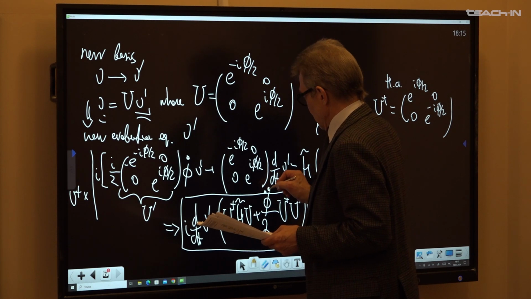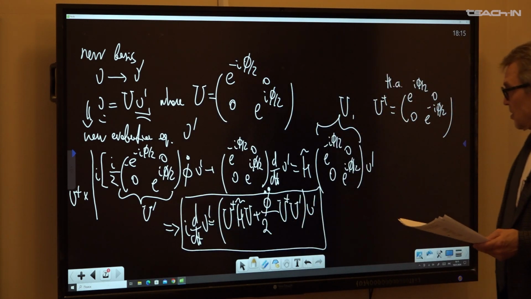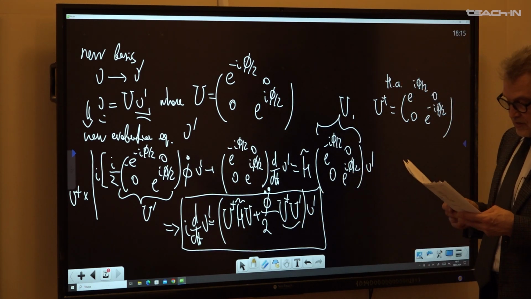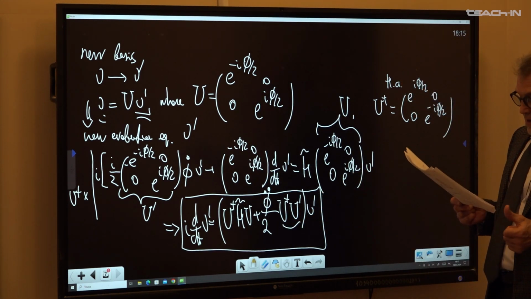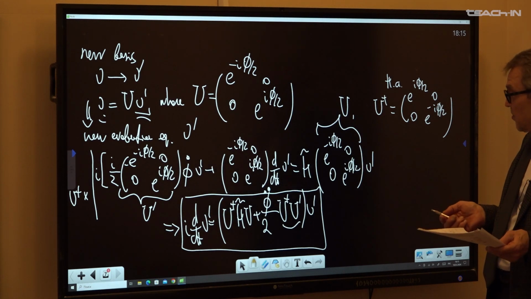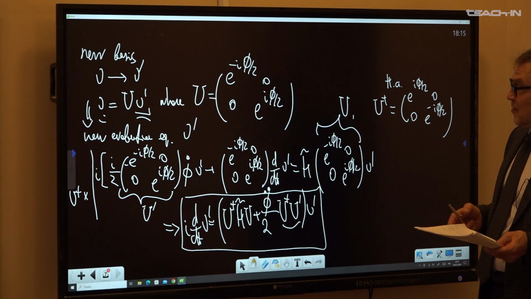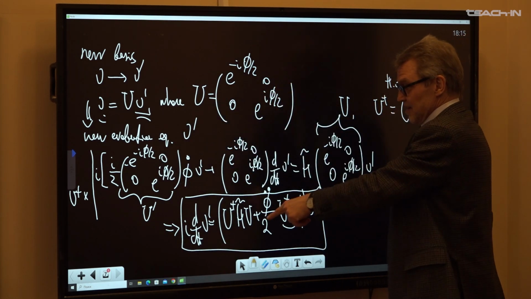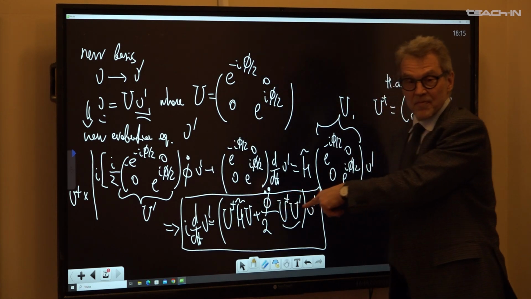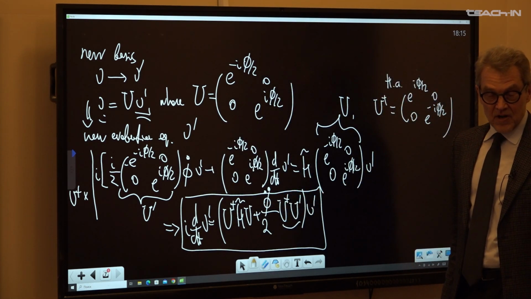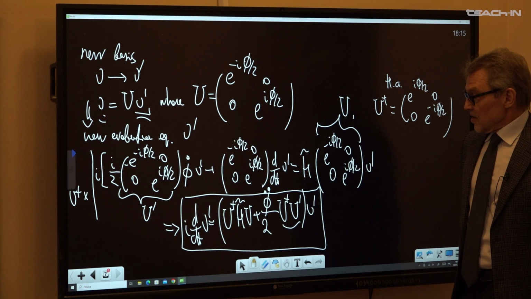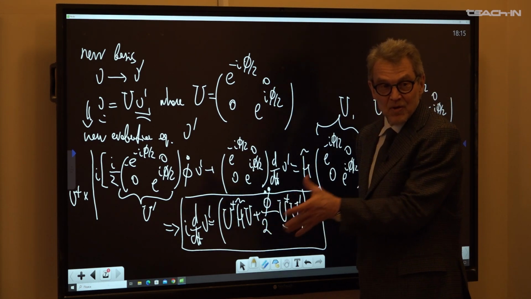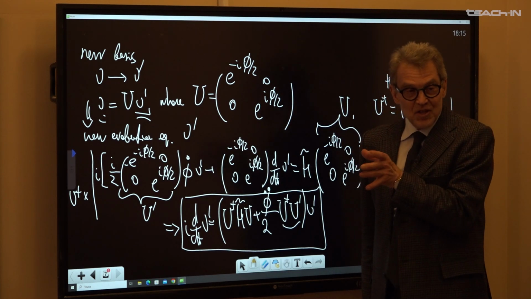This is important, this phi. So you see, this guy is the unit matrix, obviously. And we see that after this unitary transformation, phi enters as the time derivative of phi, and this looks like an addition to the effective Hamiltonian. So the effective energy is changing.